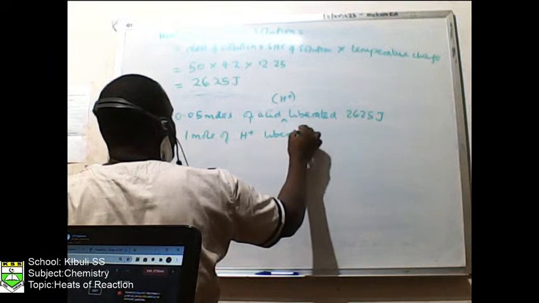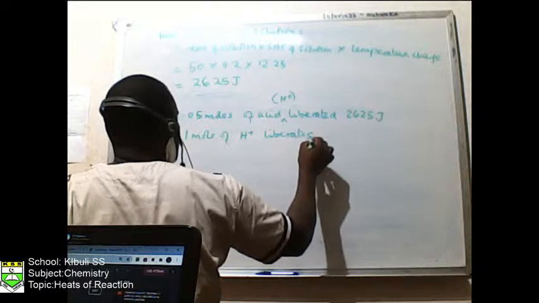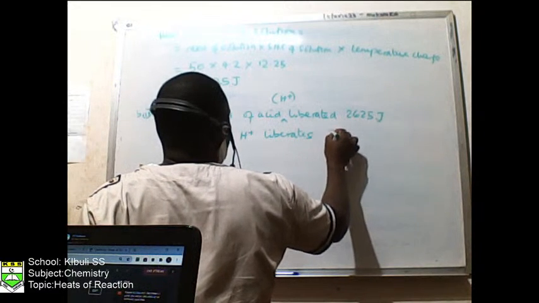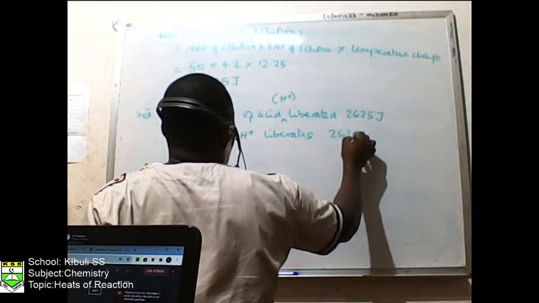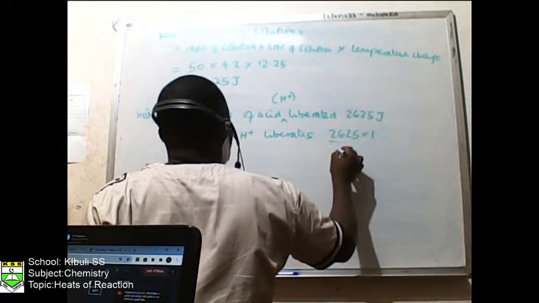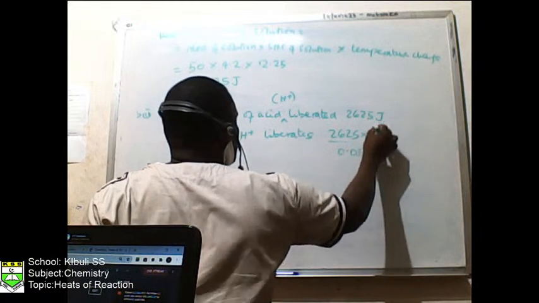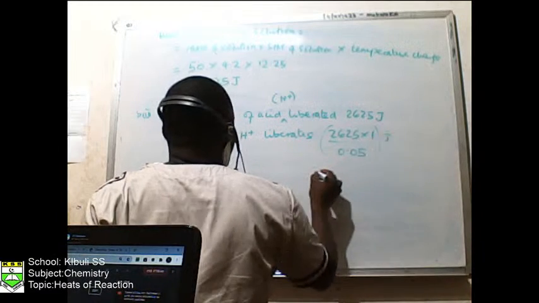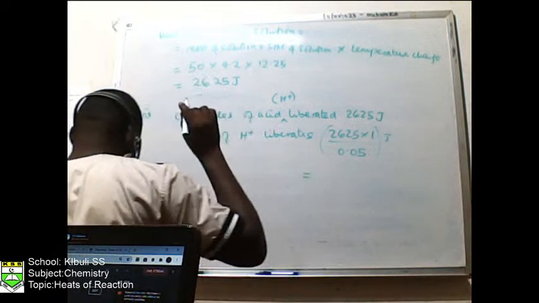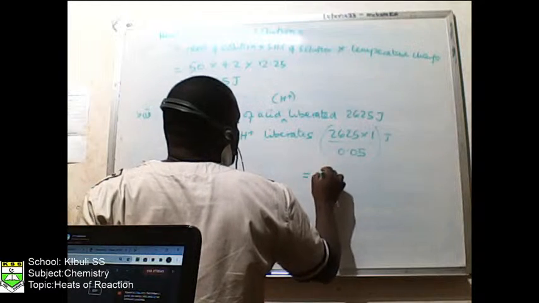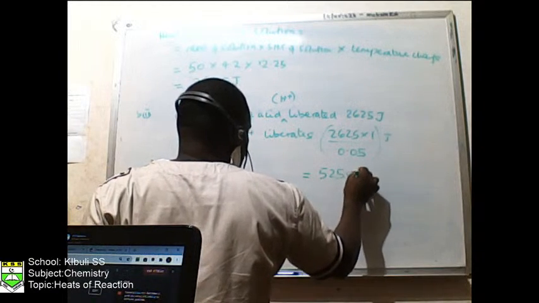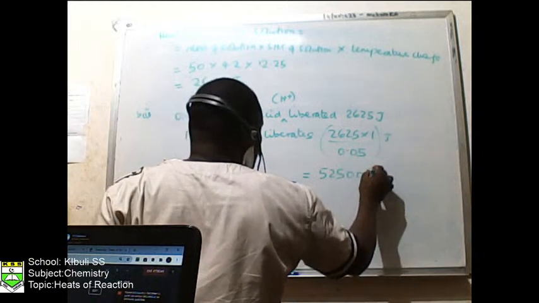liberates. Here we just cross multiply: 2,625 times 1 over 0.05 joules. So the amount of heat energy liberated is 52,500 joules.